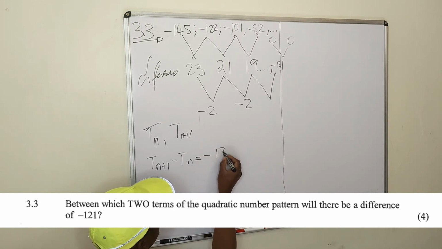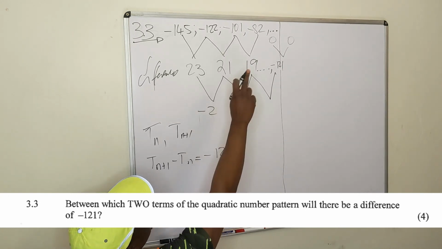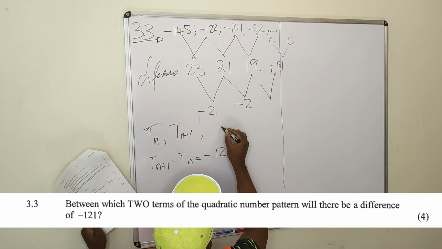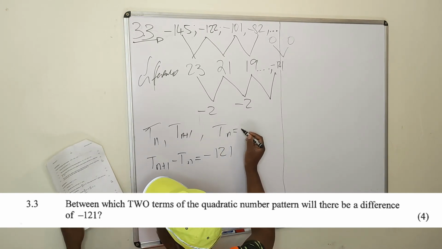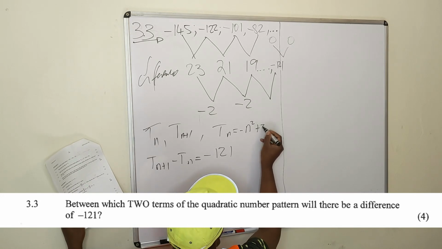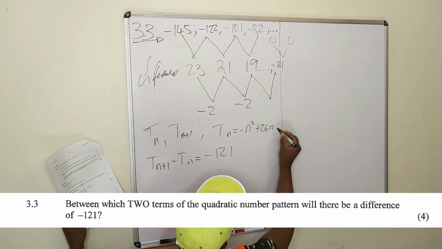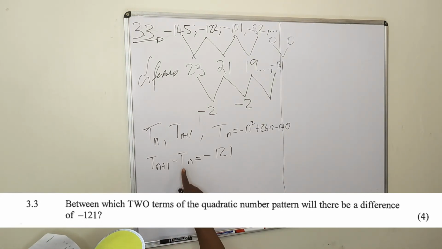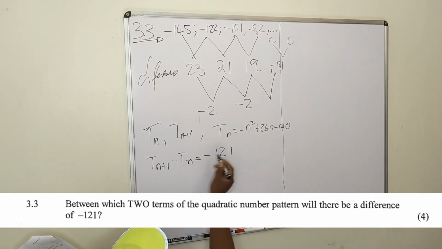This is the difference between those two terms on the quadratic pattern, right? What is our tn? Our tn is equal to minus n squared plus 26n, the one that we're given, minus 170. So the difference between tn and t(n+1) is minus 121.